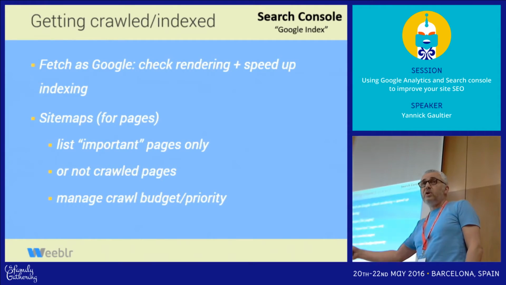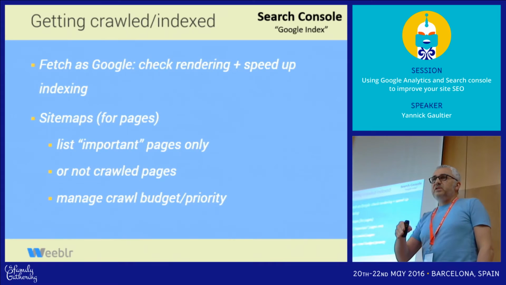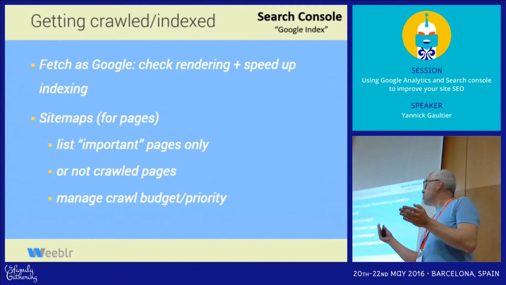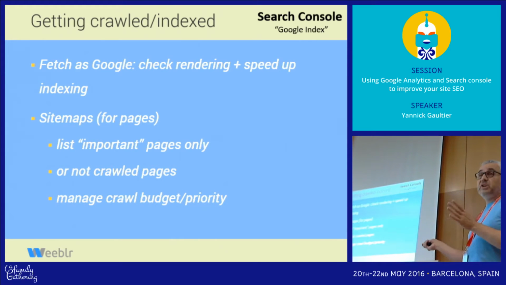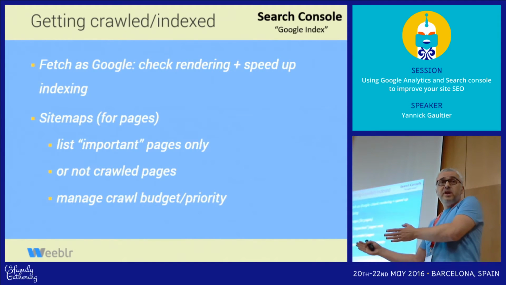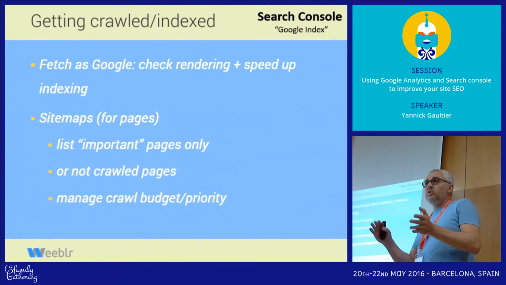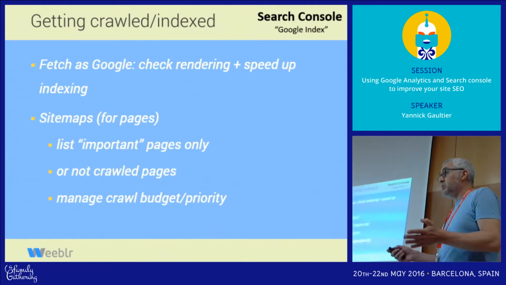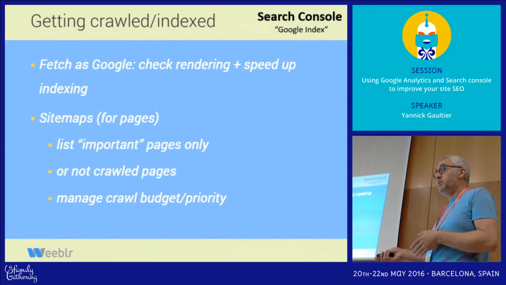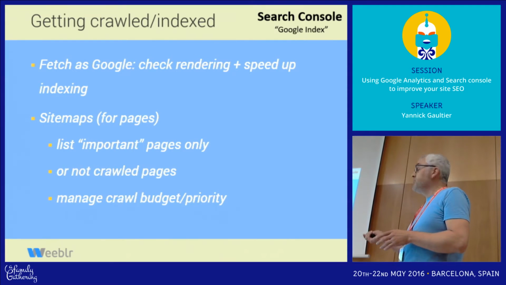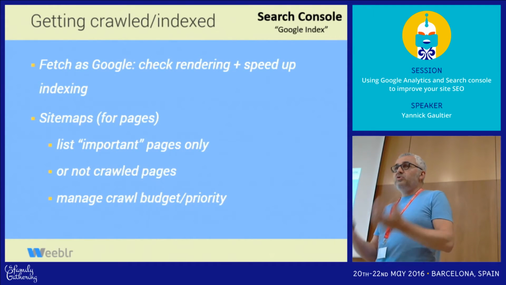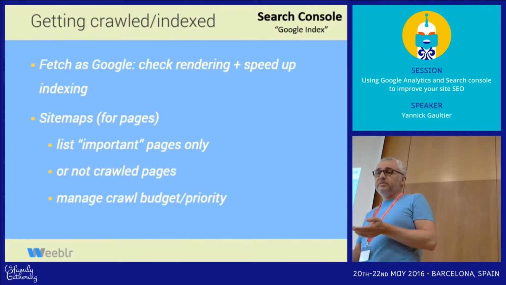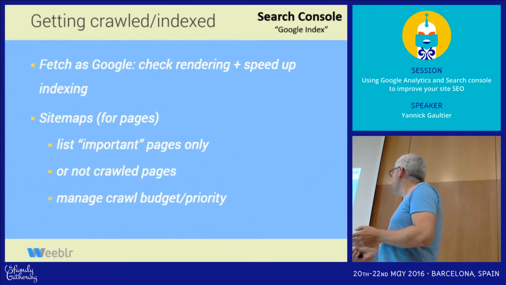There's no point in putting the category page in a sitemap. It's only going to compete for what we call crawl budget or priority, so it's going to compete with your actual articles. And there's just no way your category page is going to rank against other pages. So you certainly want to exclude that from your sitemap, and only include the important pages, the ones you want to rank for: your products, your articles if you blog, things like that. Remove the others, just remove them.